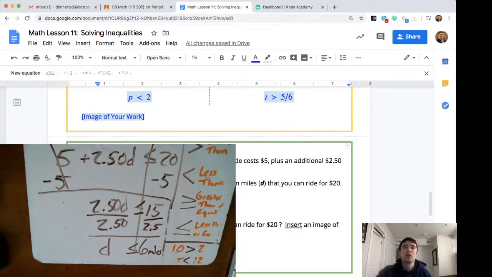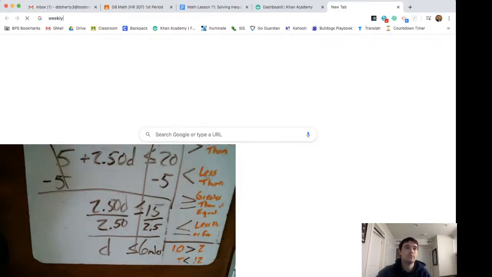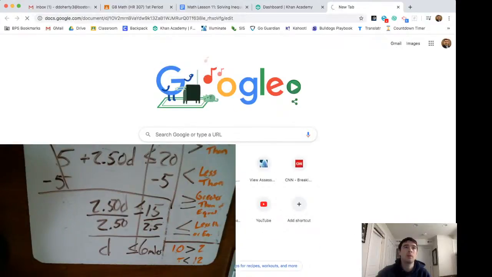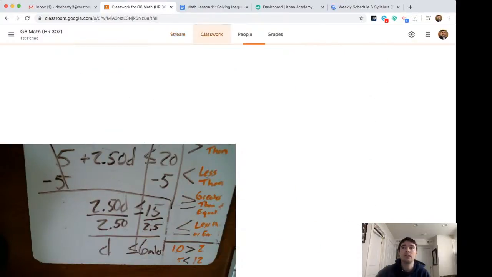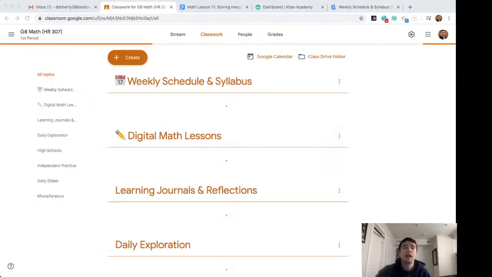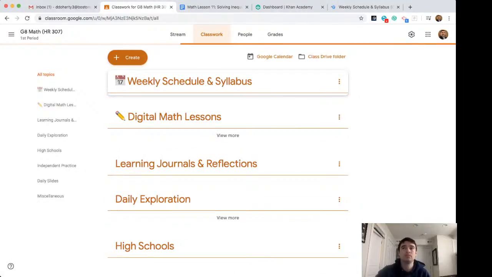One last thing I want to show you, if you're stuck on Khan Academy, is our weekly schedule, which you can find at the top of Google Classroom. If you go to Google Classroom, at the very top there's a calendar icon. This calendar icon says weekly schedule and syllabus.